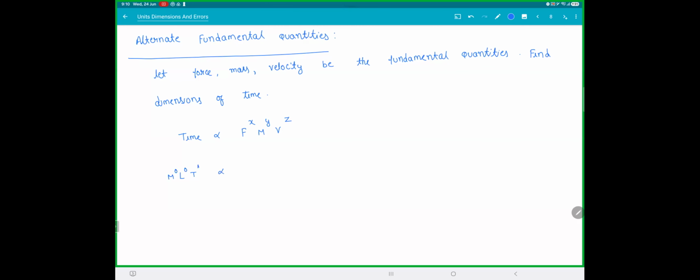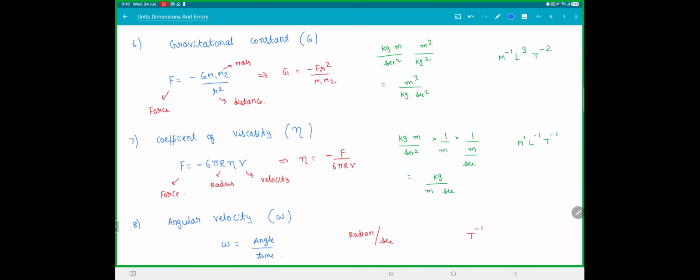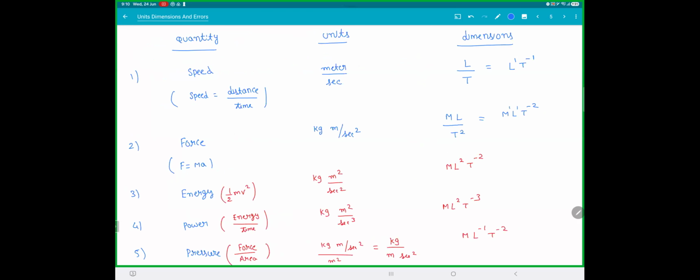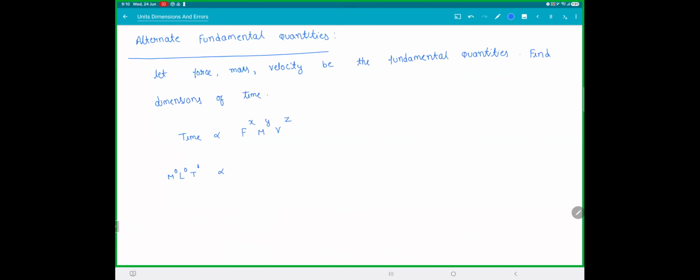On the right hand side, now you go back to your regular dimensions. What is the dimension of force? Just now we saw it was M L T minus 2. So you should know your dimensions. M L T minus 2 whole power x. The dimension of mass is M only, M power y. The dimension of velocity is L T minus 1, length per time, power z.